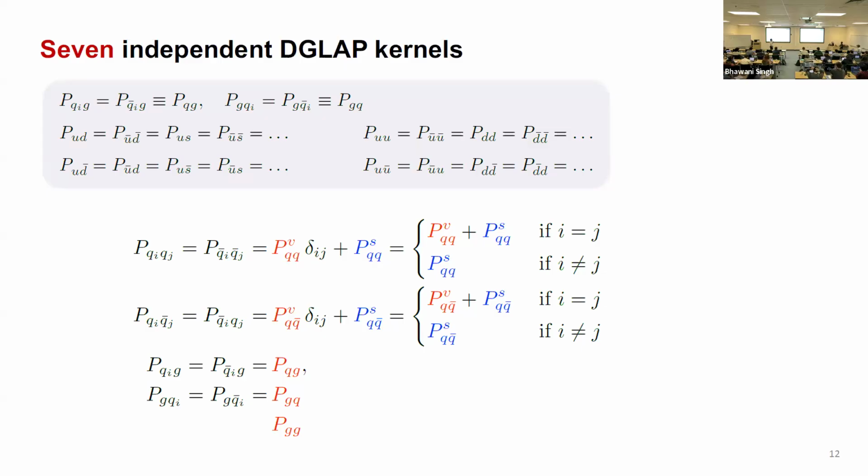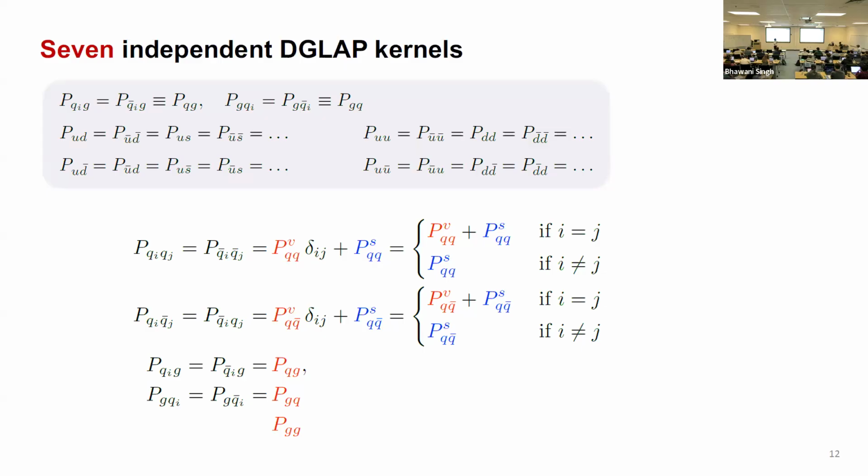But now, if we look at the first row, the evolution kernel from quark to quark, there are the flavor indices i and j, and this is first the same as the splitting from antiquark to antiquark. But then we parameterize them based on the previous wisdom. We can have a common one, PQQS, which does not depend on the flavors.